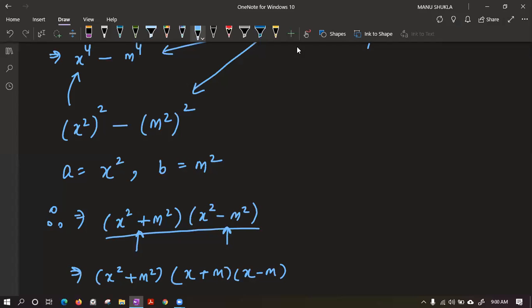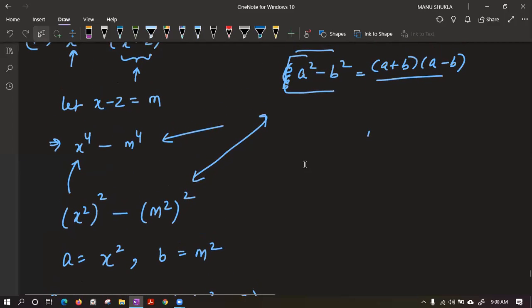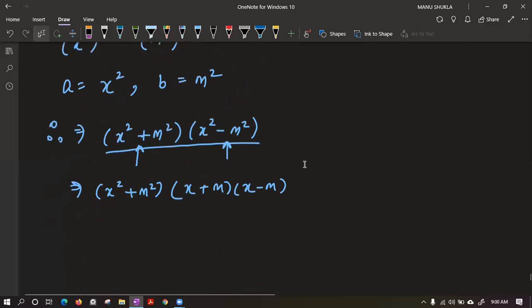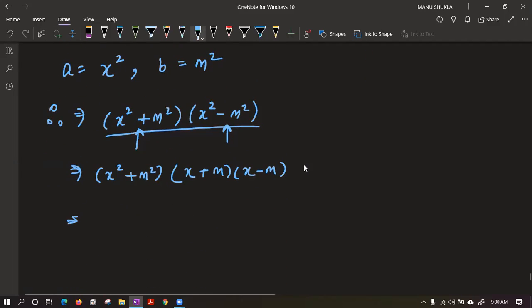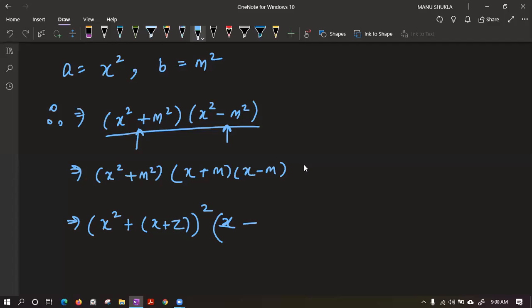That's it. And now we can do the substitution again. We have assumed m as x minus z. So let's put the value. It will become x square plus x minus z whole square. Again we have x plus z, then x minus x plus z.